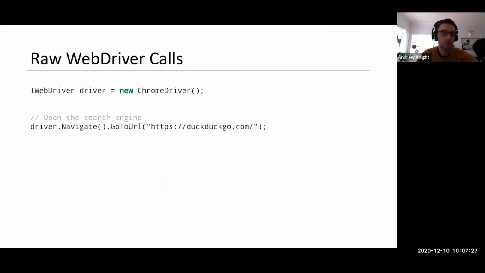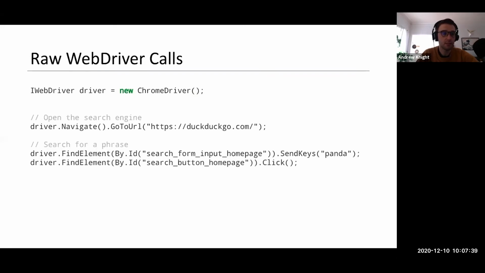The first step is to open the search engine by calling driver.Navigate().GoToUrl with the DuckDuckGo website address. The second step performs the search by fetching web elements using driver.FindElement with locators like these. And then you can call methods like SendKeys and Click.